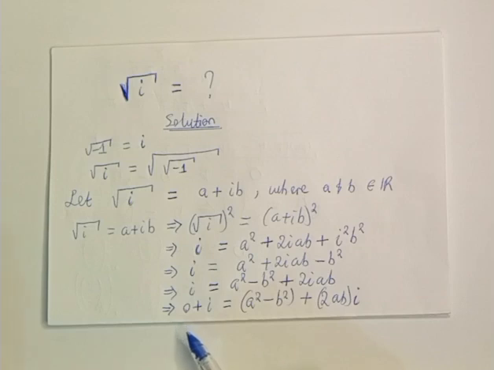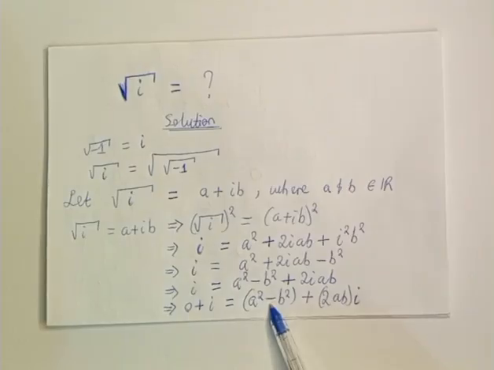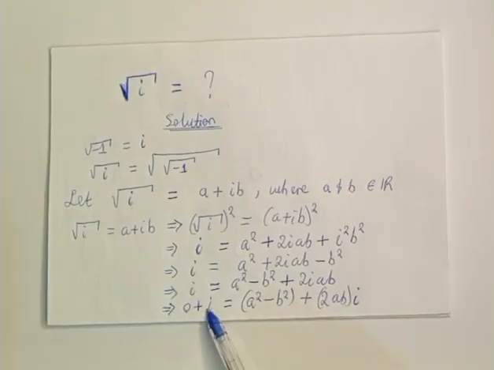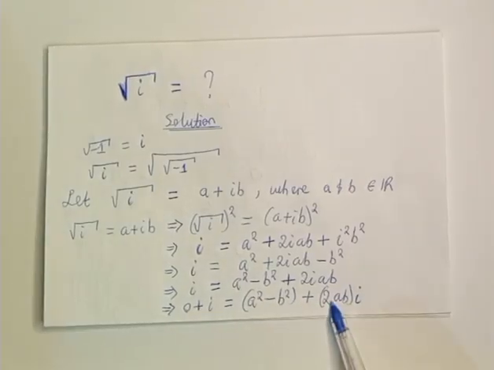The left hand side being equal to the right hand side, it simply means the real parts are equal and the imaginary parts are equal.